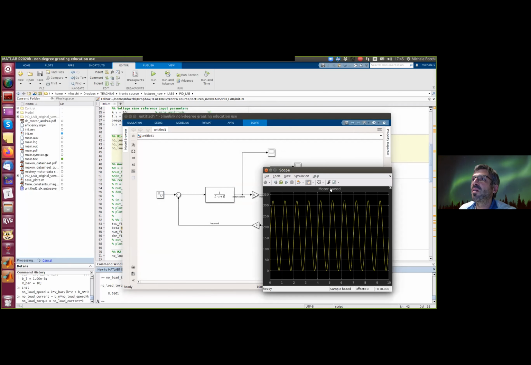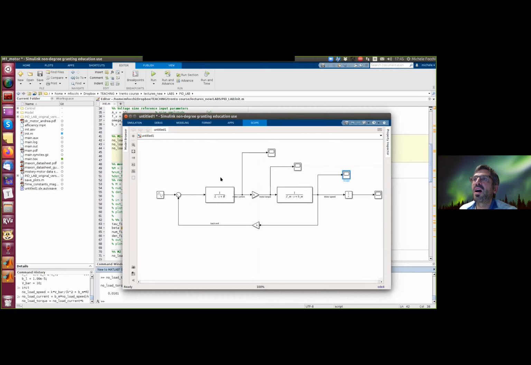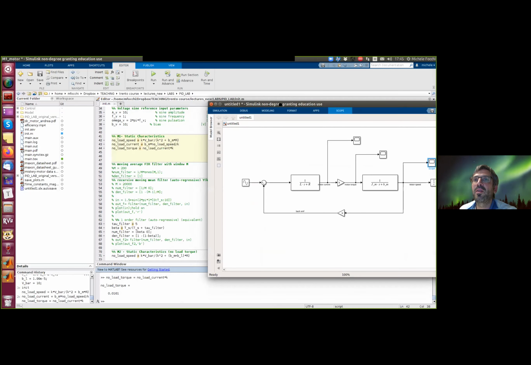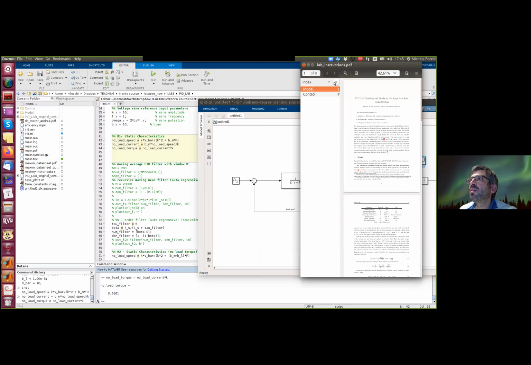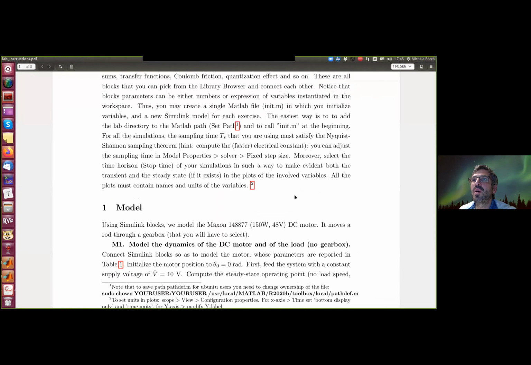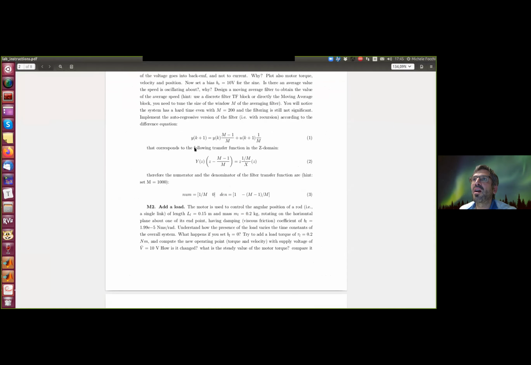And now we have the sinusoid, and you see the speed oscillates around an average speed. How much is this average speed? We can do it in many ways. In the lab instruction, you see there is one better way to do it. You remember the recursive equation we implemented and explained in class.